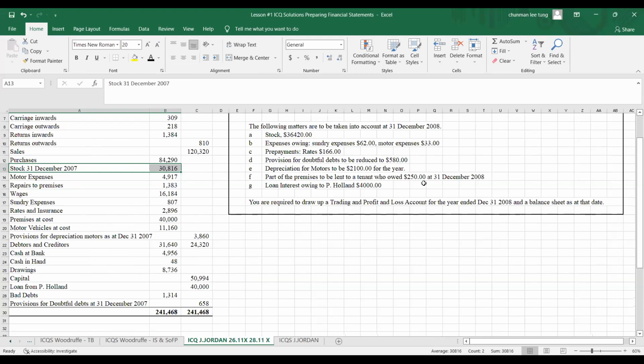You're asking yourself, okay, so Jordan lent their premises to a tenant, $250. We are lending it out. Who is owing $250? So this tenant is owing $250.